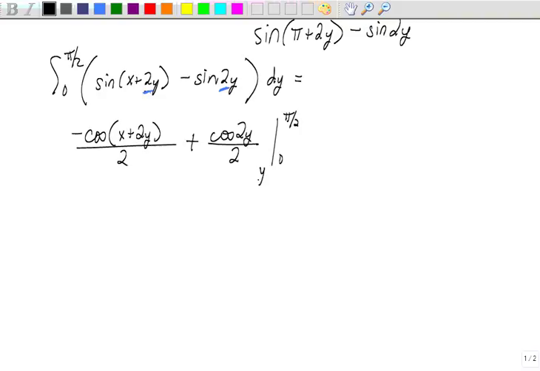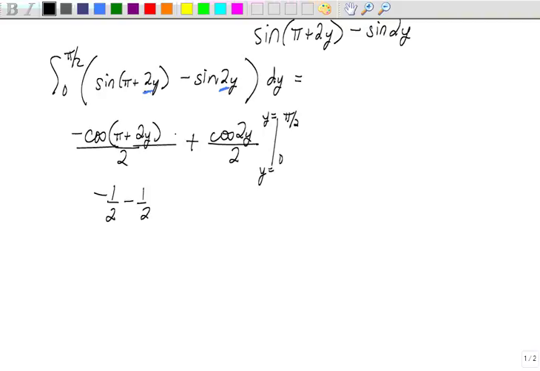Those are y values. Plug in pi over 2. Cosine of 2 pi is 1, so that's going to be minus a half. Cosine of pi is minus 1, so that's minus a half.